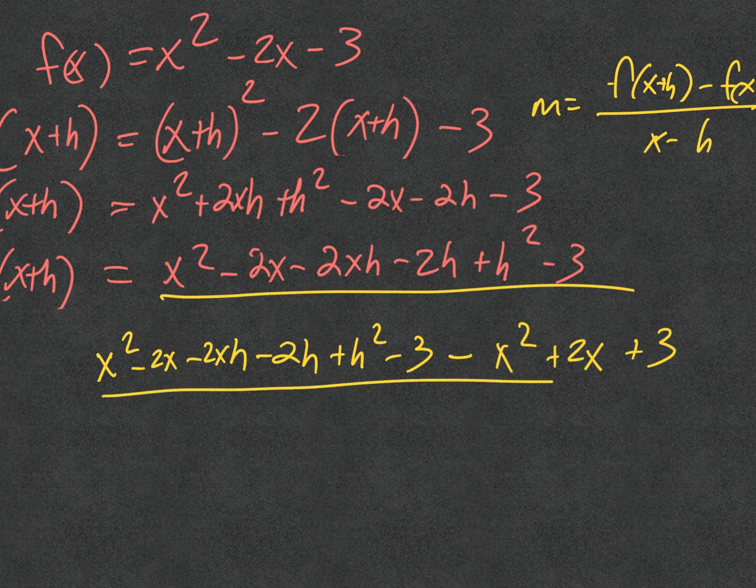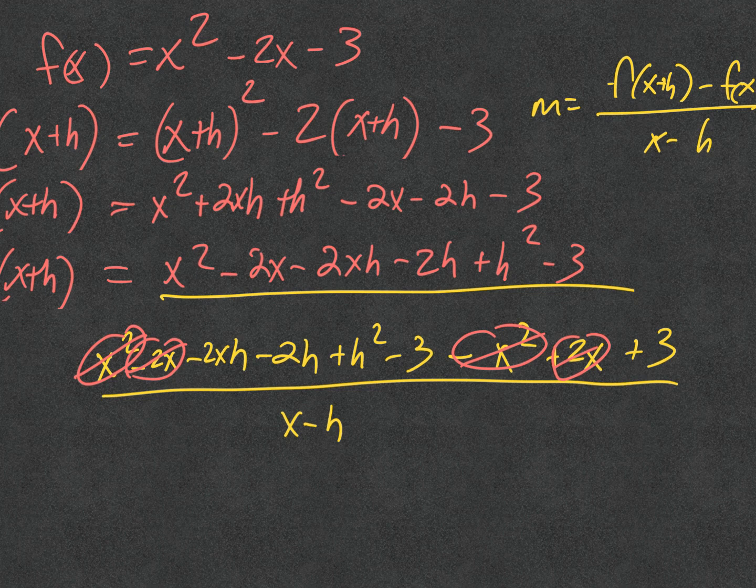And this will all be over h. All right. X squared minus x squared. Negative 2x and positive 2x.